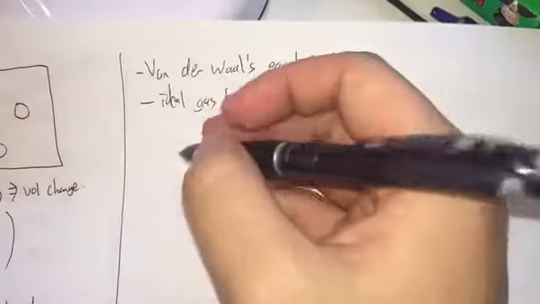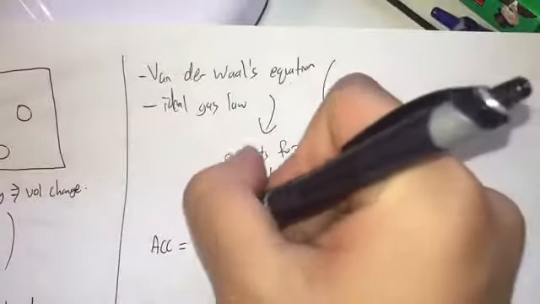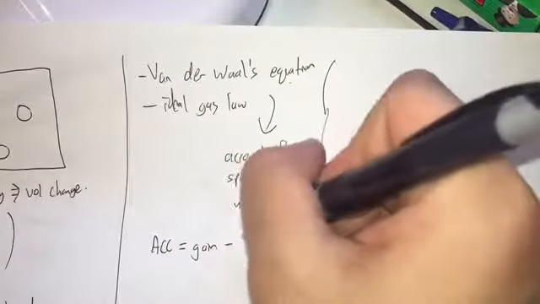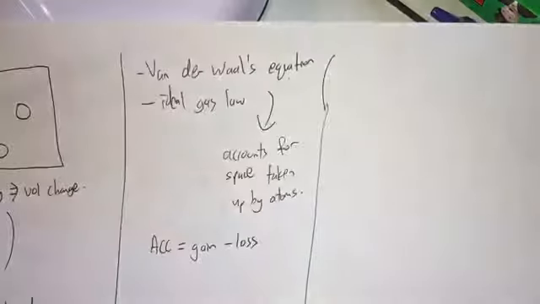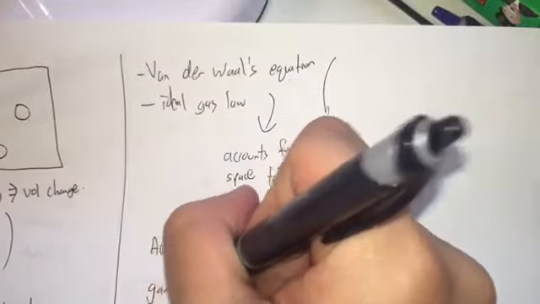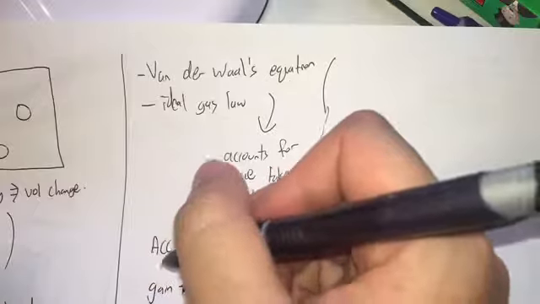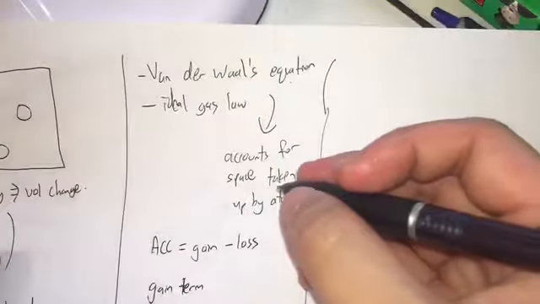So first we want to do the mass balance. In every mass balance, we can simply put it as such: accumulation equals gain minus loss. Let's see the gain term. Now let's consider the fission process producing the xenon.